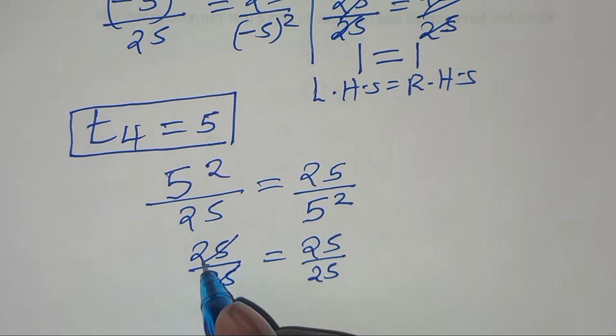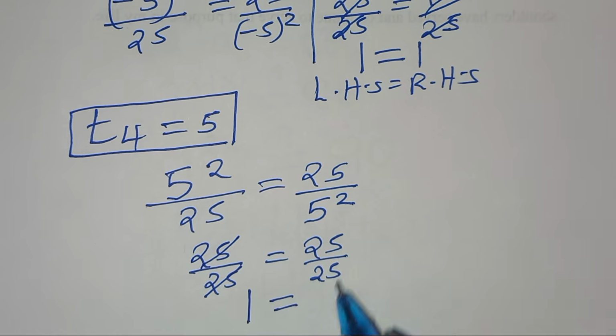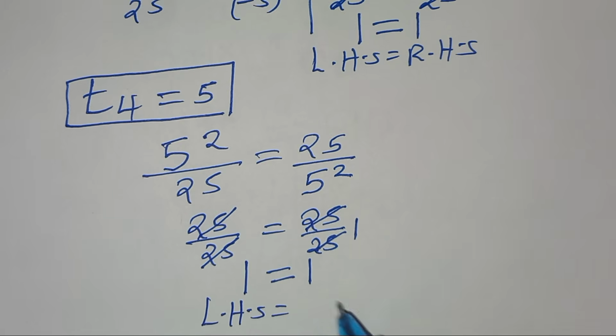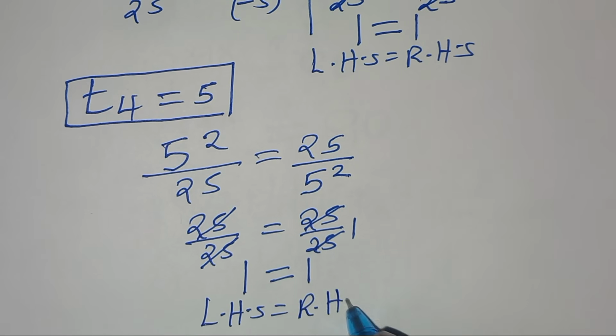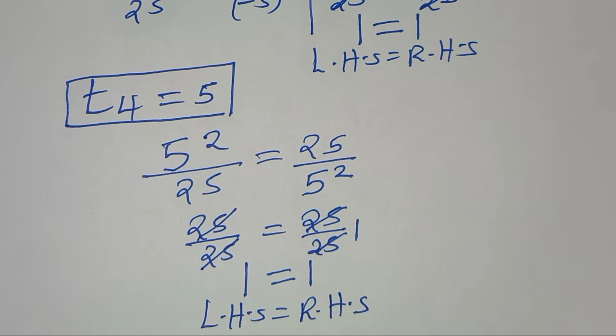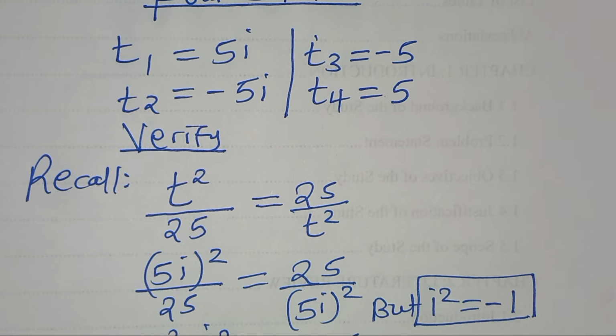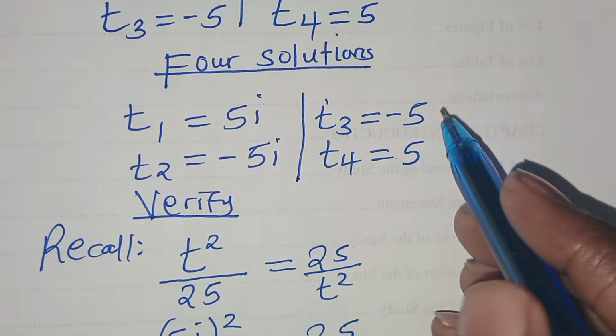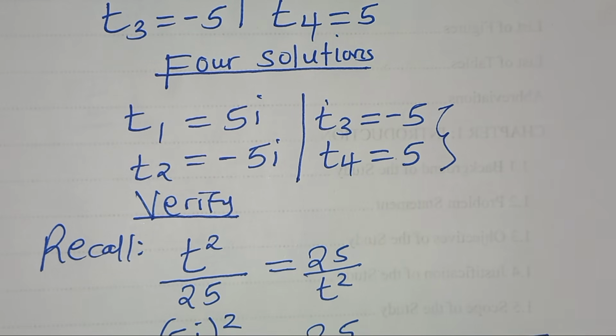So 25 and 25, this is 1, equal to 25 and 25, this is 1. So this implies that the left hand side is equal to the right hand side. And this implies that the four solutions, that is T1, T2, T3, and T4, satisfy the equation.